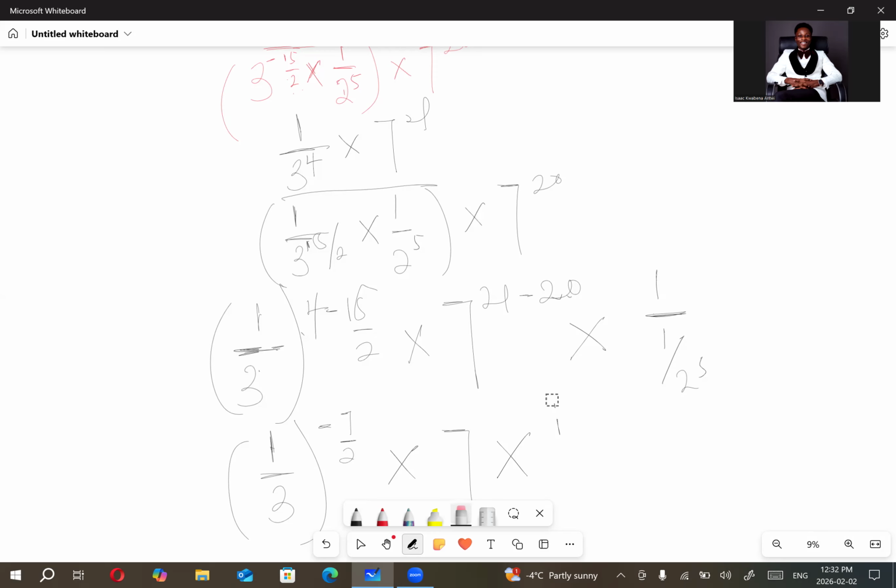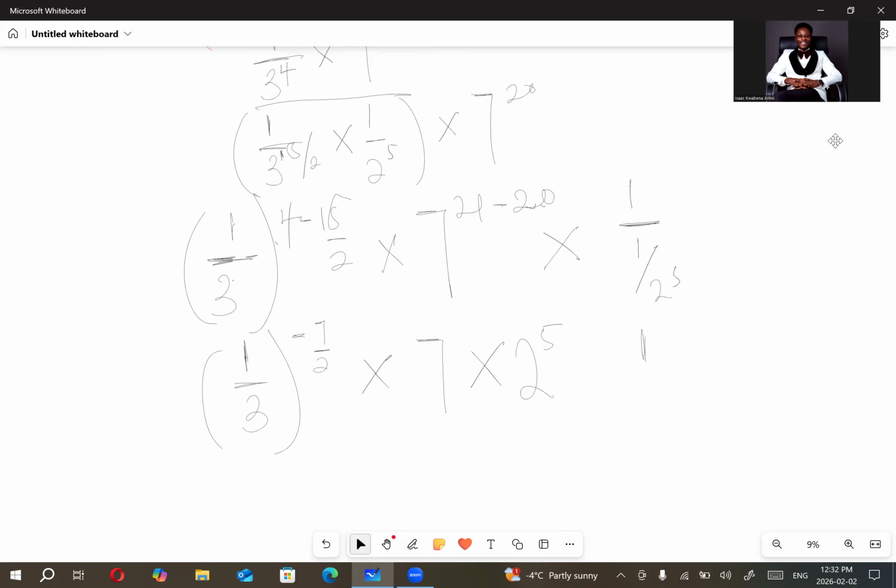Let's check on the calculator. Yeah, that'll be 2 exponent 5. So times 2 exponent 5, which is 32.